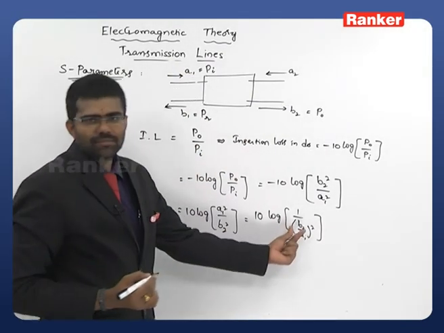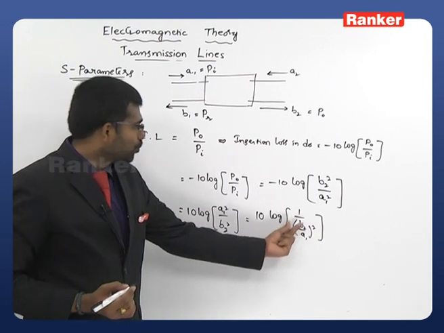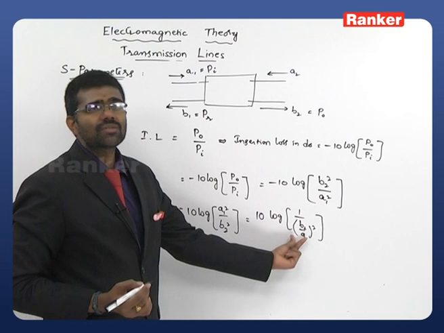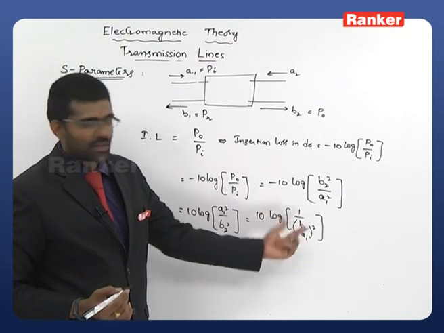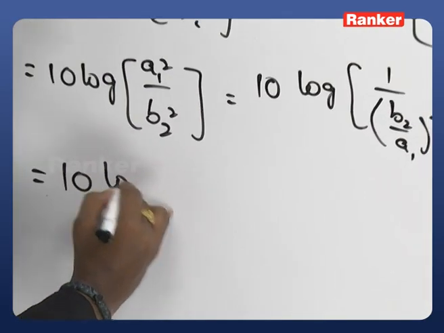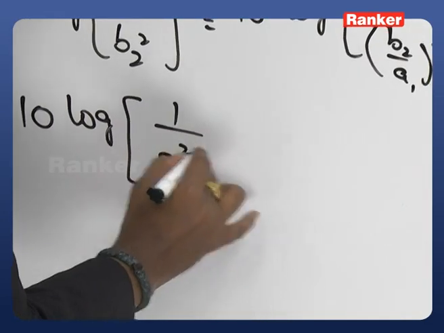Now what is B2 by A1? B2 by A1 is the transmission coefficient from 2 to 1, right? So here clearly the transmission coefficient S21 we can write down here, which is equal to 10 log 1 by S21 square.